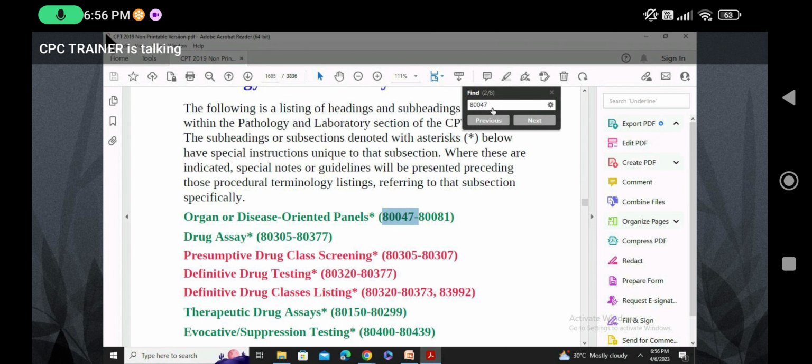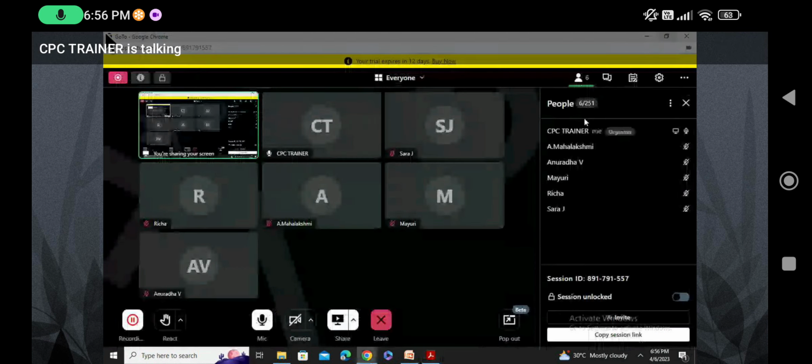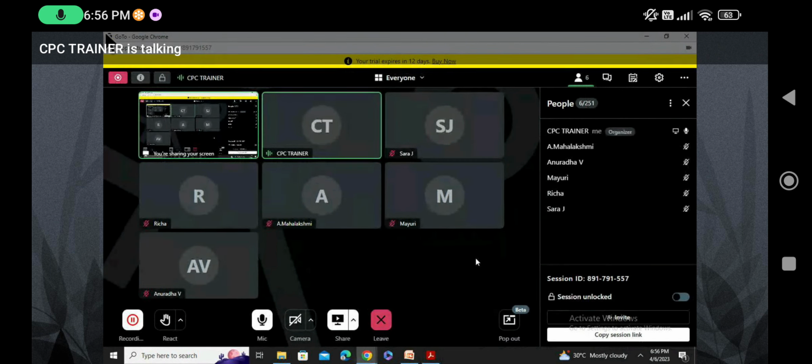Likewise, in that lab sheet we have one test called complete blood count, right? If you have any fever or infection or diarrhea, vomiting, whatever, nowadays the provider will first order, okay, you will do CBC, like that. CBC means complete blood count.